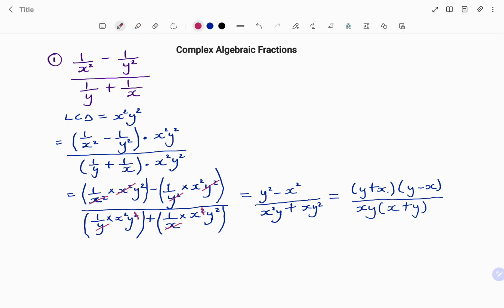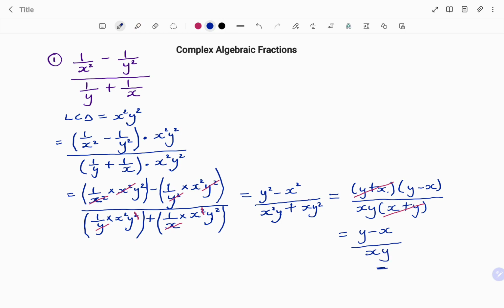Simplifying further, we have x plus y dividing y plus x at the top. Our final answer will be y minus x for our numerator, and at the bottom we have xy.